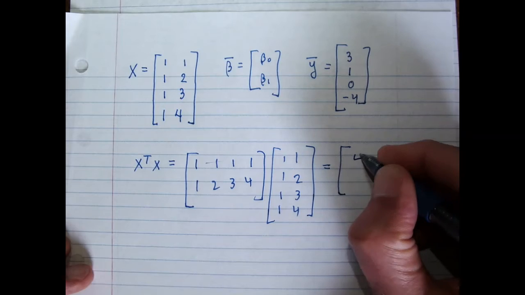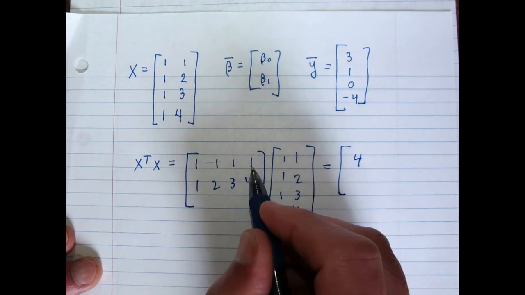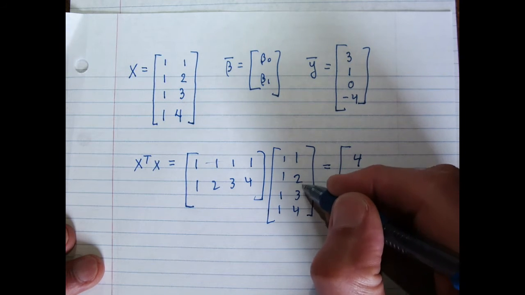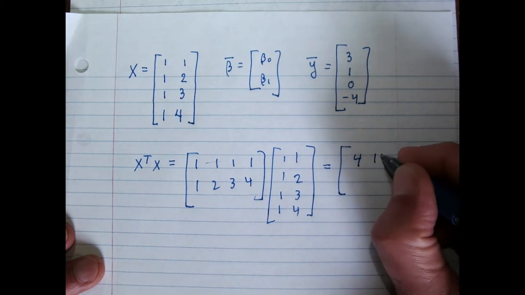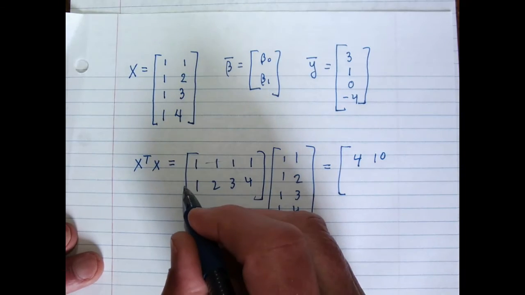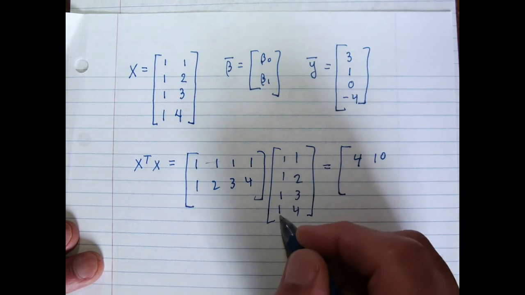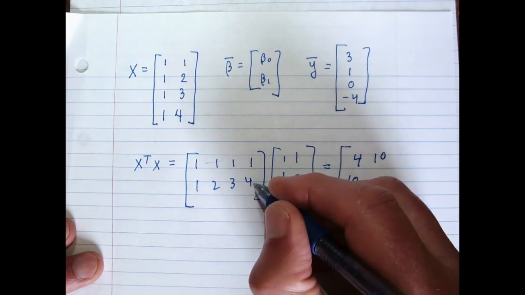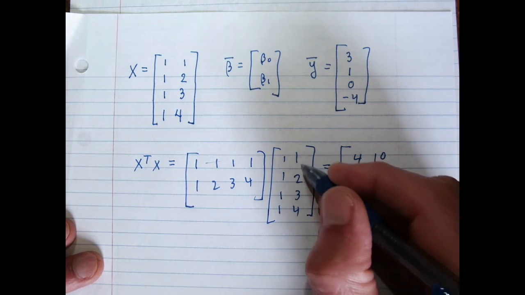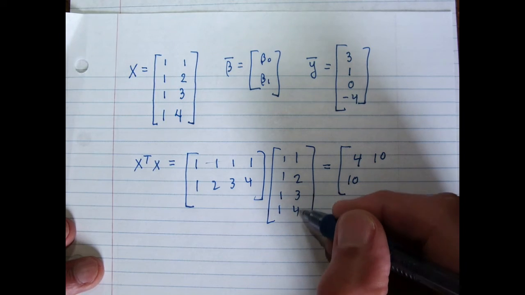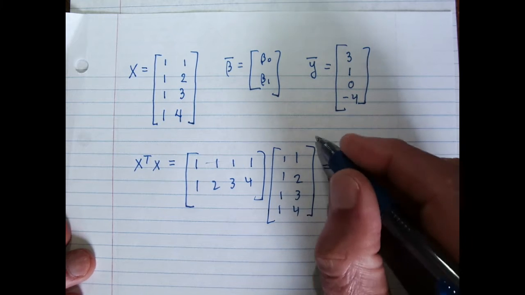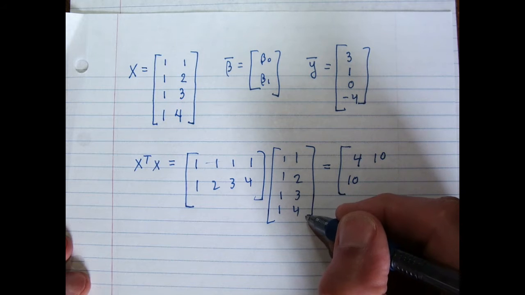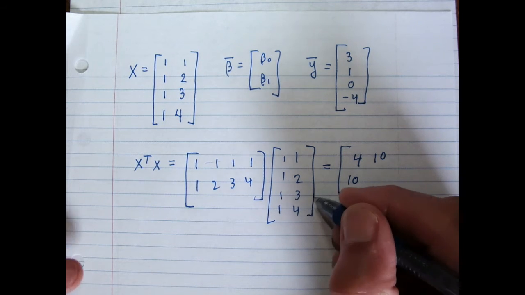Going across the first row and second column, I get 1 plus 2 plus 3 plus 4, that's 10. Going across the second row, first column, 1 plus 2 plus 3 plus 4 is 10. And then second row, second column, I get 1 squared plus 2 squared plus 3 squared plus 4 squared. Those are the squares in the least squares method. So that's 1 plus 4 plus 9 plus 16, which is 30.